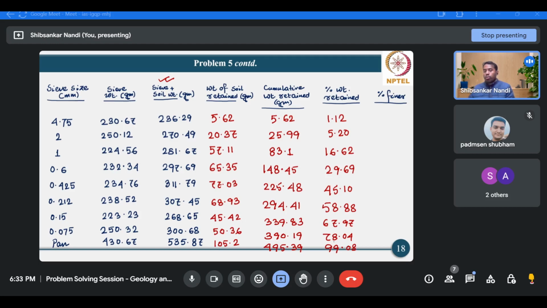In this case also we are not getting exactly 100, since a small fraction was lost as dust.